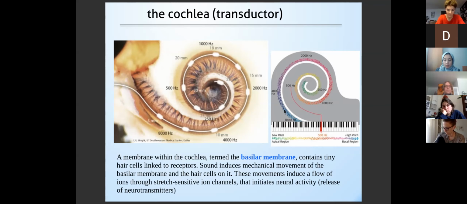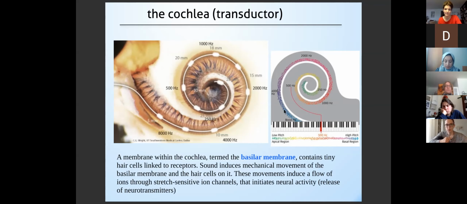And then, bang, the magic happens, meaning that these little hair cells initiate neural activity, right? And you know a little bit how it works. The ion channels generate an electric charge. This charge, if it's strong enough, is going to trigger the release of neurotransmitters, and the neurotransmitters will initiate a potential, right?